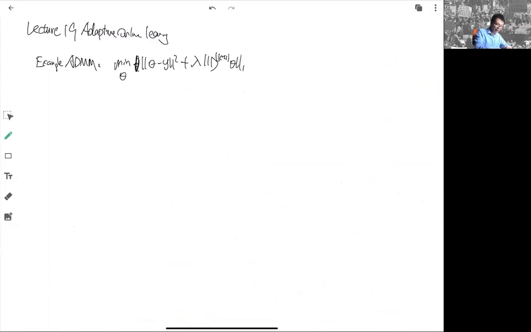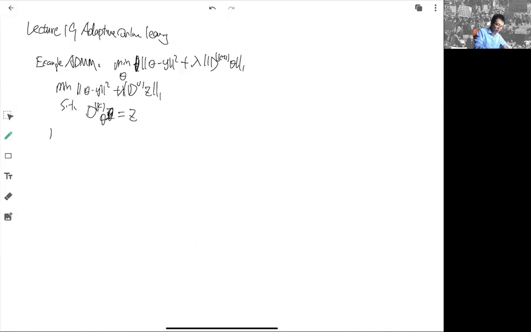We are reformulating it as minimize theta minus y plus D z 1 subject to D^k theta is equal to z.